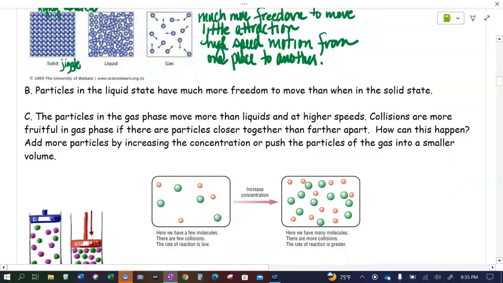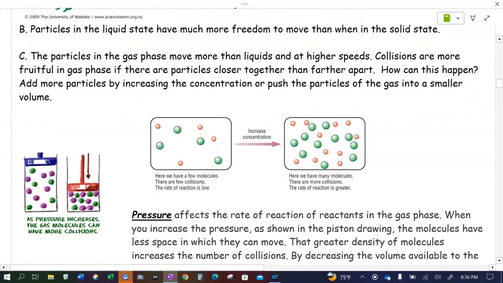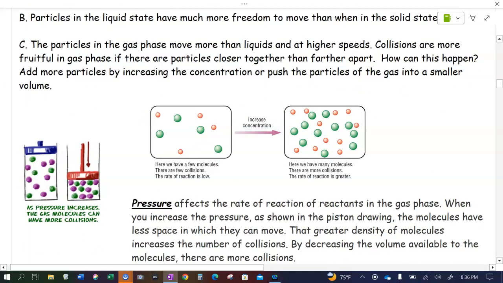Now, collisions are more fruitful if the particles are closer together. So let's look at these pictures below. We can press particles closer together like we do in a cylinder. So in the engine, when it expands and then pushes down on the particles to make them into a smaller volume, there's an explosion in the gas tank, a controlled explosion.